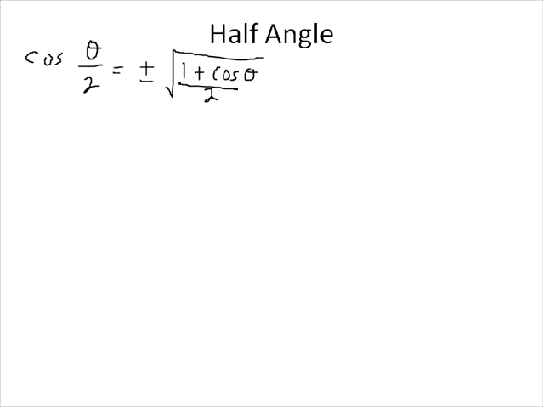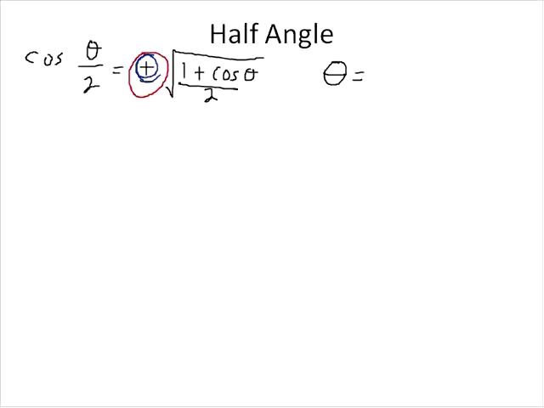Now, the plus or minus is there just to let us place it in the right quadrant. And since I know that 5 pi over 12 is in the first quadrant, I will be using the plus. Okay, alright, so let's get started here.